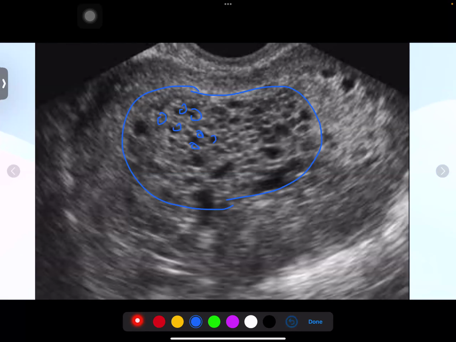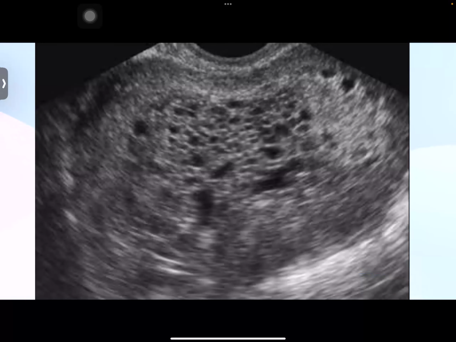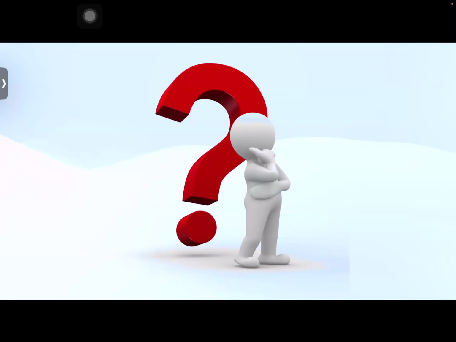So this is a very important picture of complete mole. So these two pictures are very important. For example, in MRCOG part 1, they usually give you pictorial diagrams as well, and they ask what structure this is. They usually ask about labeling of the structure and diagnosis as well. So twin lambda and peak signs are very important, and the molar pregnancy ultrasound pictures are very, very important.